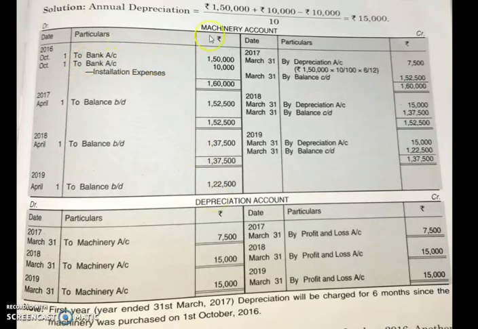So with the requirement of the question, let us proceed. First thing is, you know that when we purchase a machinery, what is the journal entry? Machinery account debited to bank account. So machinery is increasing and cash is decreasing. So machinery will be debited to cash or bank account. Here you are preparing machinery account, isn't it? So on the machinery account debit side, what you will write?